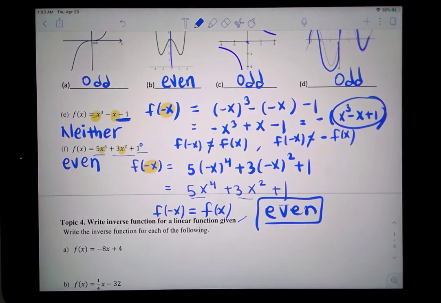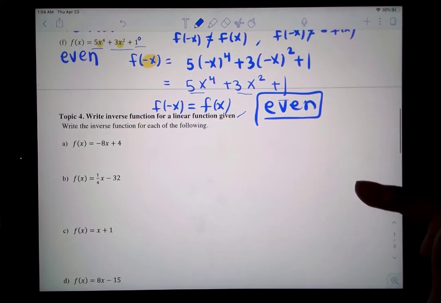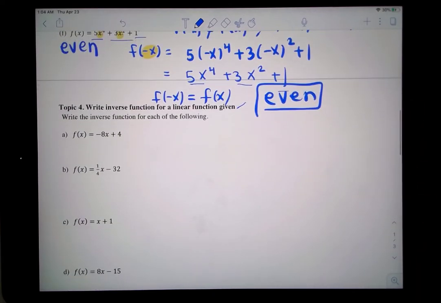So she said you need to prove one of these. Just make sure you know how to do this one. All right. And topic 4, last topic: writing the inverse function for a linear function.